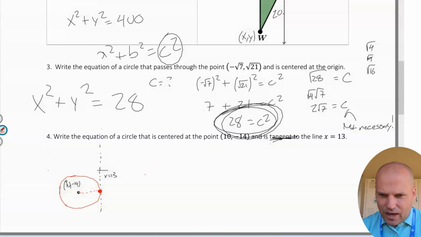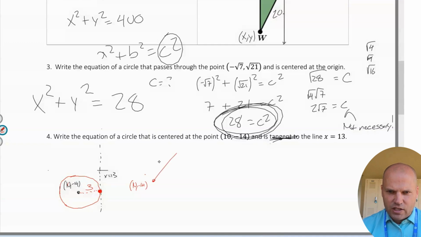Well, I'm going from an x coordinate of 10 to the right to an x coordinate of 13. That radius is 3. And now we can break out our idea of if we have this point 10, negative 14, and I have a radius of 3, and I get to some random point, and we want the collection of all points x, y. What is the x distance? What is the y distance? And then what's the formula?